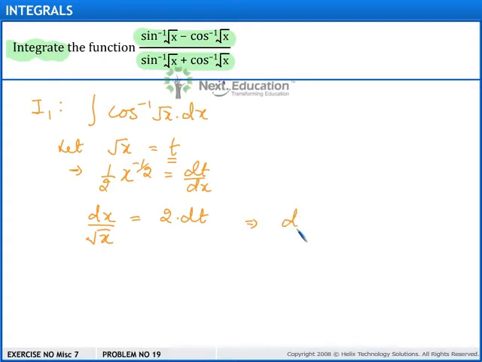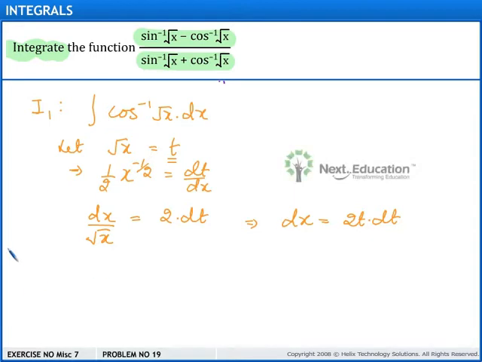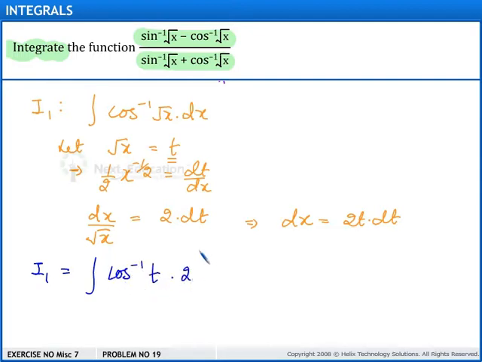So this implies that dx is equal to 2t into dt. Therefore, integral I1 can be written as integral of cos inverse t into 2t into dt. So this is equal to, taking 2 outside, integral of cos inverse t into t dt.